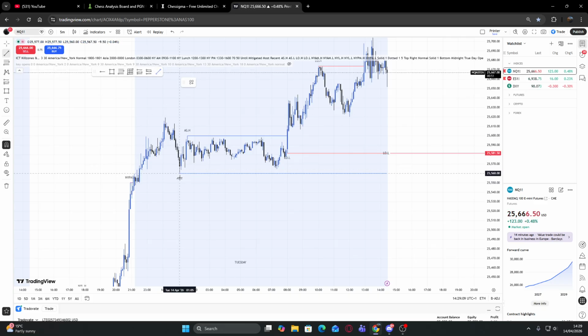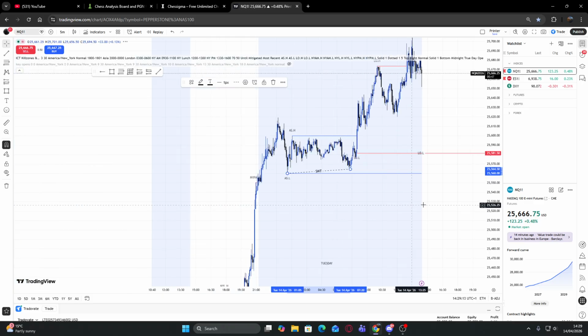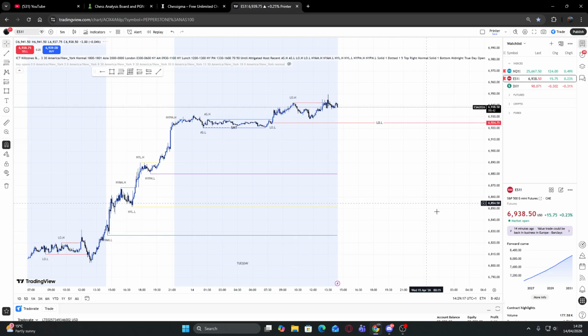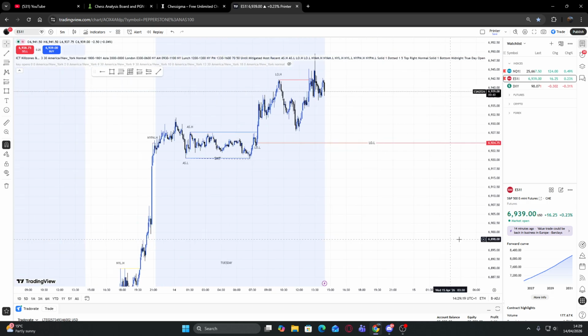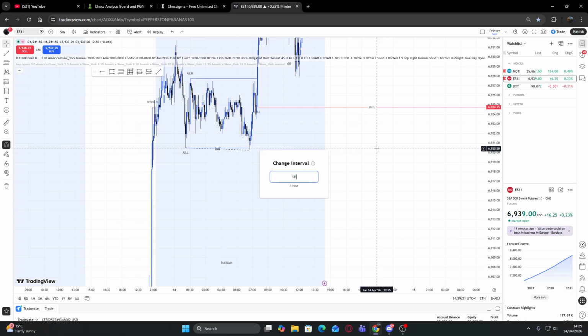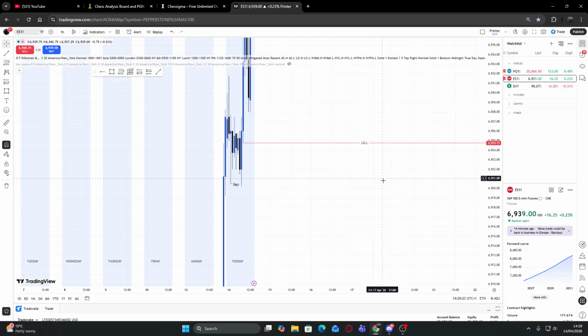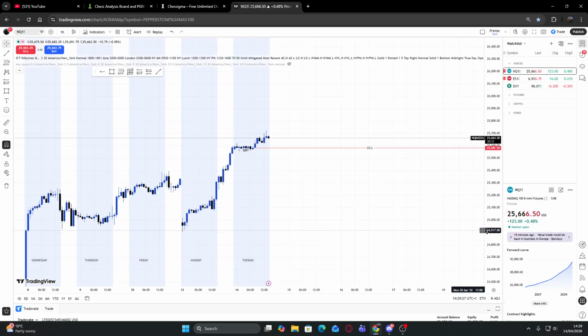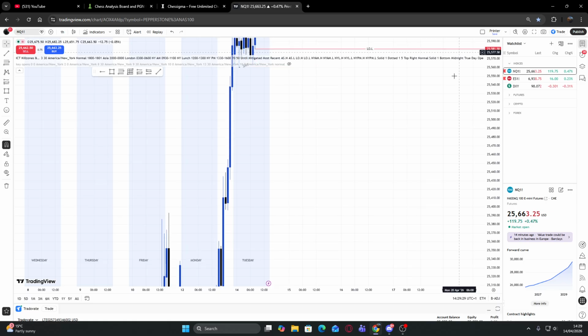SMT, which is holding, that must have been a PO3 move, because this looks like a higher time frame PDRA. Already I can just smell it. Oh, it didn't have the higher time frame. Oh no, the Nasdaq did.